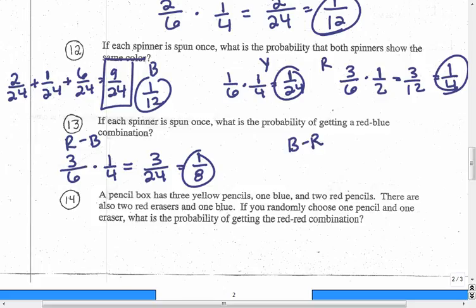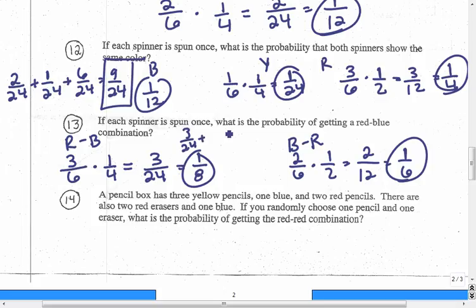It doesn't say whether blue-red counts in this case, so I'm going to go ahead and do that. 2/6 times 1/2 is equal to 2/12, which is 1/6. We would need to add those together if we wanted the total. So 6 and 8 both go into 24, so that's 3 24ths plus 4 24ths, which is 7 24ths.